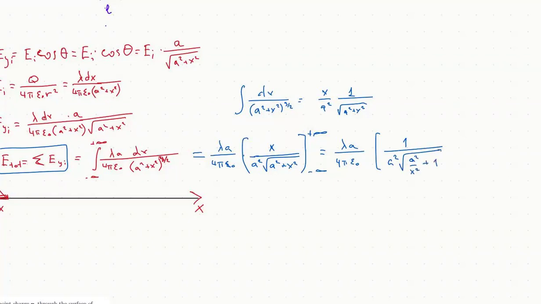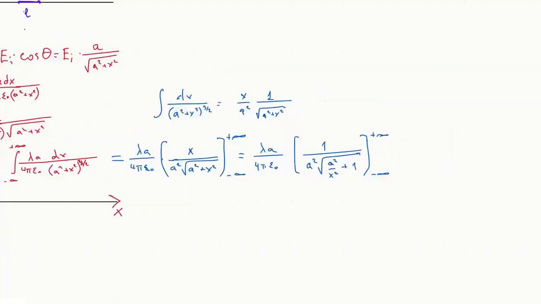By dividing by x, I got 1 because I've put the x into the square root. And now I can safely substitute plus infinity and minus infinity.